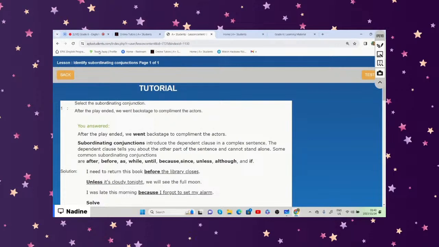So if we select our subordinating conjunction, it would be after. So after the play ended, we went backstage to compliment the actors.